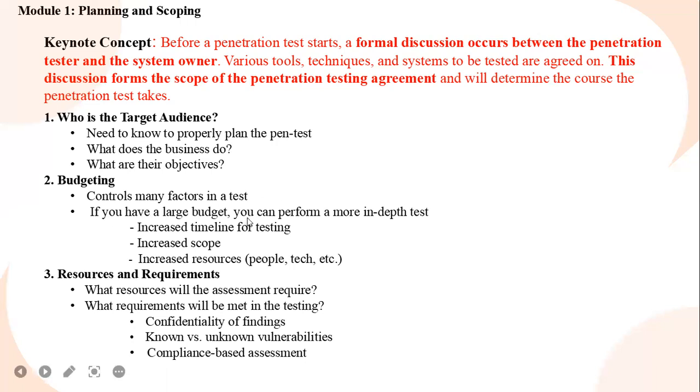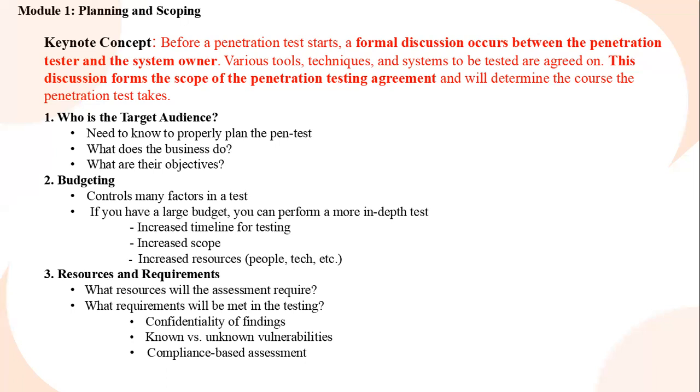If you have a large budget, you could perform a more in-depth test, increase timeline for testing, increase scope, increase resources. If you have a very detailed test on a web application, you could go a lot of levels deep in the application to see the different vulnerabilities that you might have within the application.